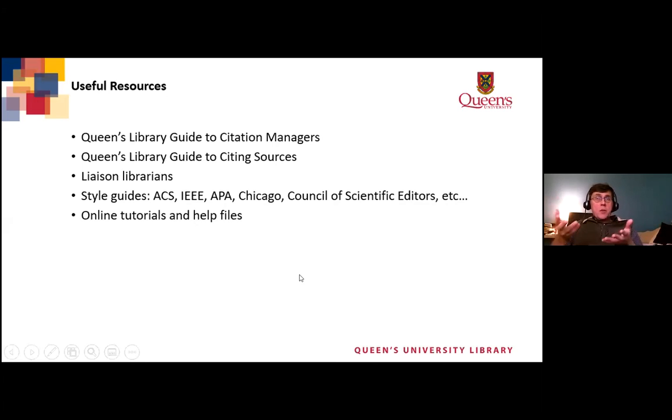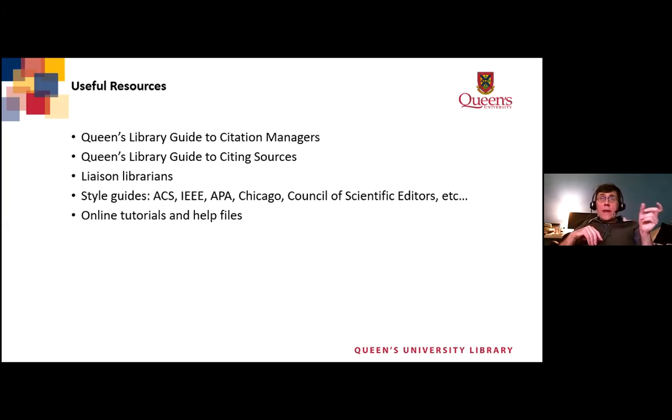And then finally, some useful resources. I've already mentioned that liaison librarians are a good place to go for help. The library has a really excellent guide to citation managers, so if you want to dig down and compare features of Zotero, Mendeley, and EndNote, you can do that there.